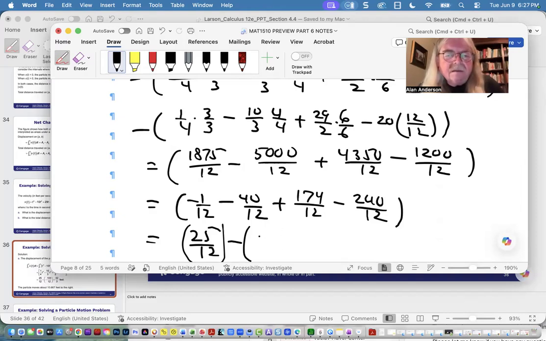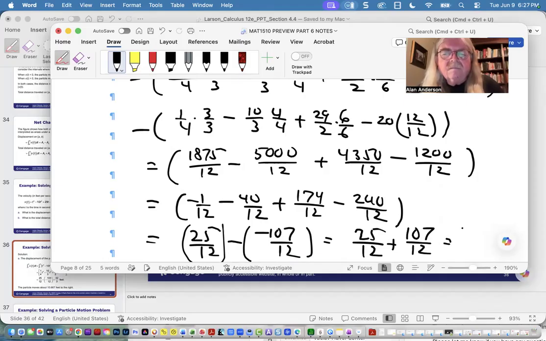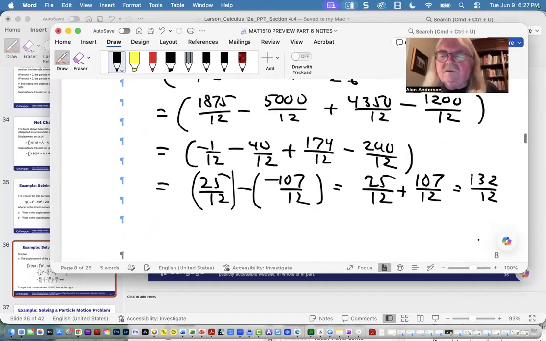Here I got minus 107 twelfths. And that one we can simplify it a little because they're both divisible by 2 at least. Well, what do you know? It's just 11. Okay. I wasn't expecting that. It's 11.